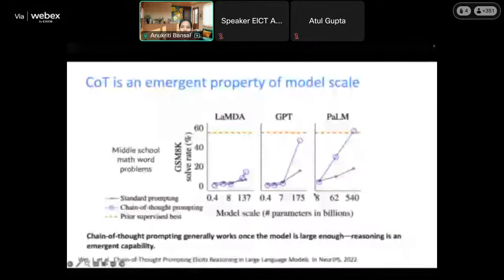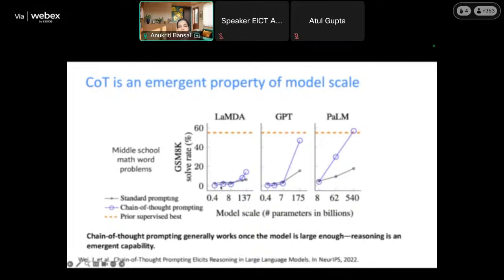And again, if we see, this is the GSM8K benchmark, which contains some middle school math word problems. And PaLM was before Gemini. PaLM was the LLM on which they experimented with this chain of thought prompting.